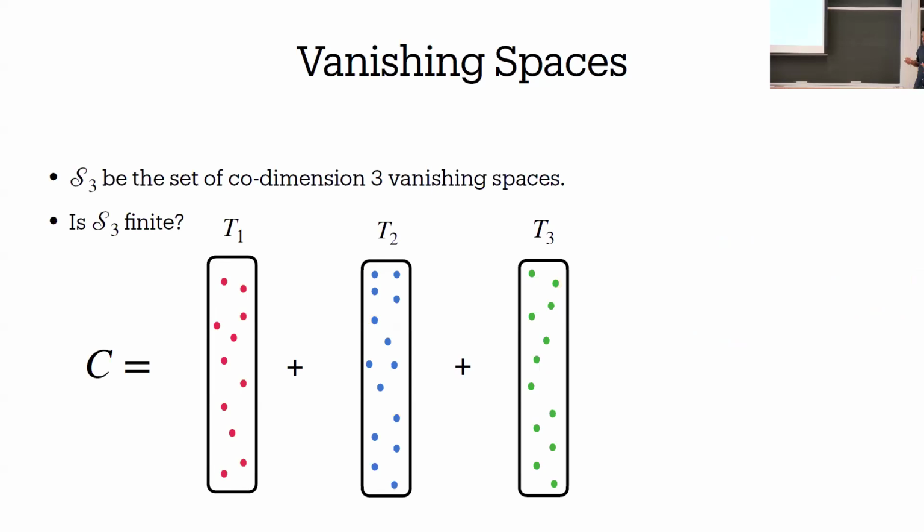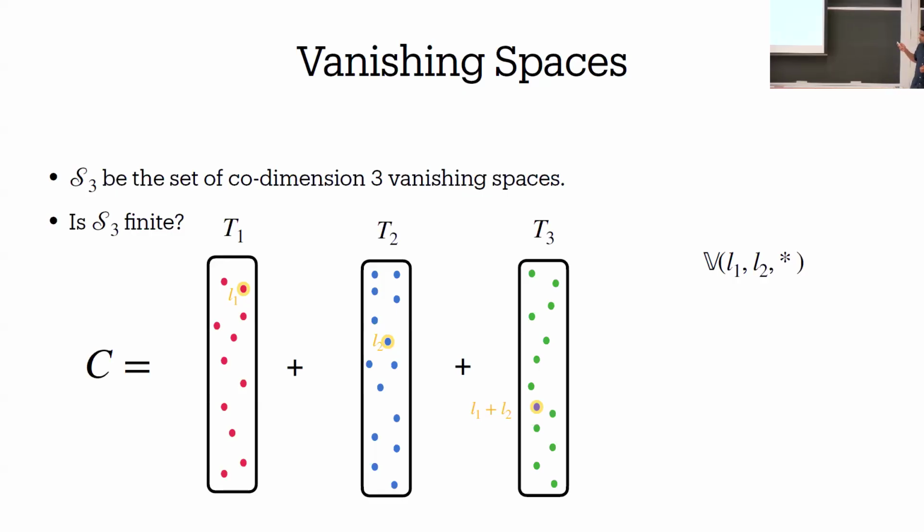And the first question we have is whether this set is even finite. So consider this. Not all points in T3 need to be green. They could be, let's say, purple. What that means is if I took L1, L2 from the two sets, there's a linear form, which is just L1 plus L2, that lies in the span of the two linear forms.